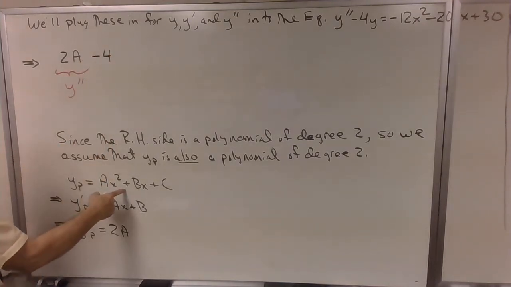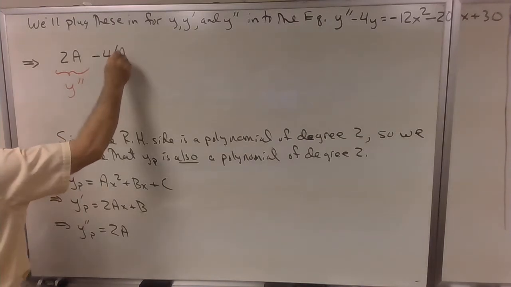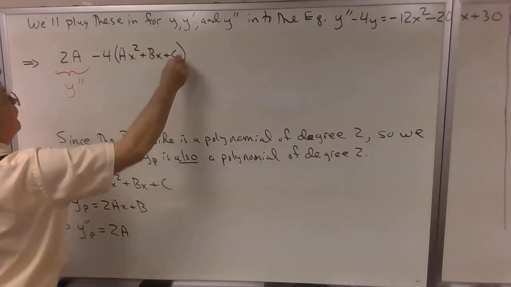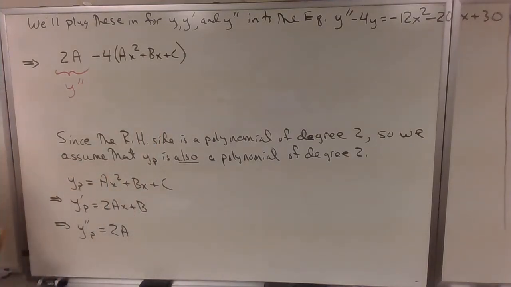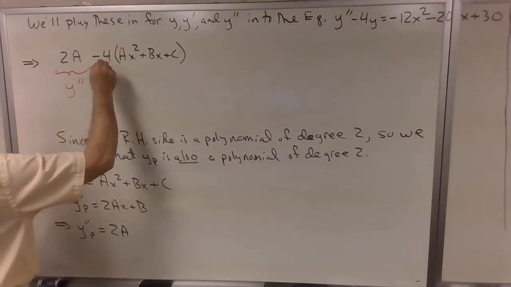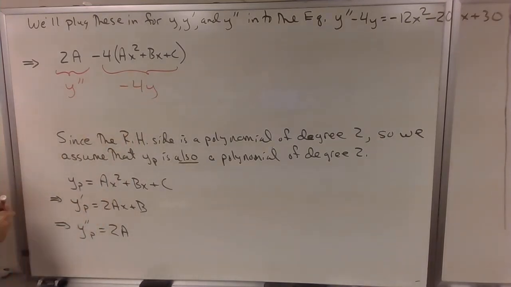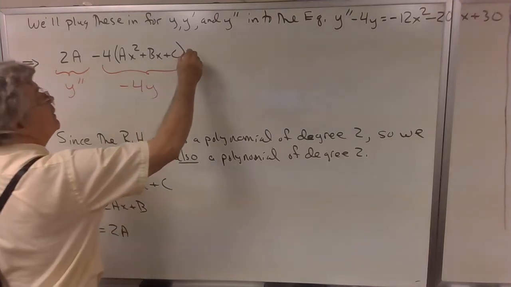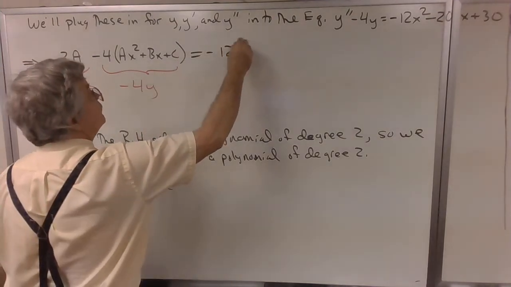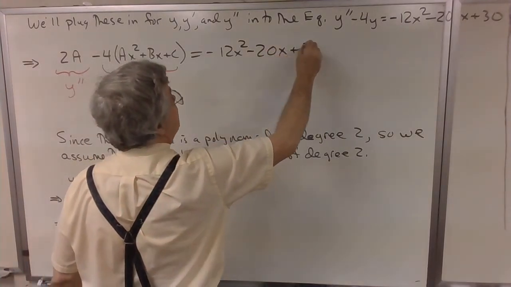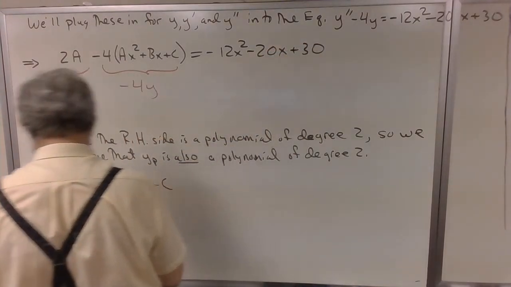And what is y? It's this thing. And all of that should equal negative 12x squared minus 20x plus 30.